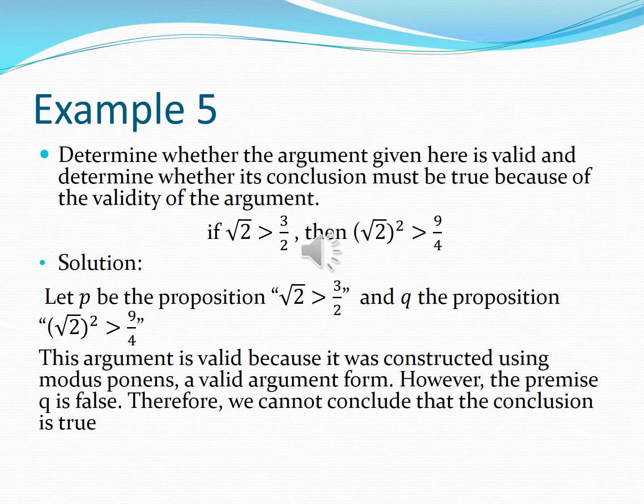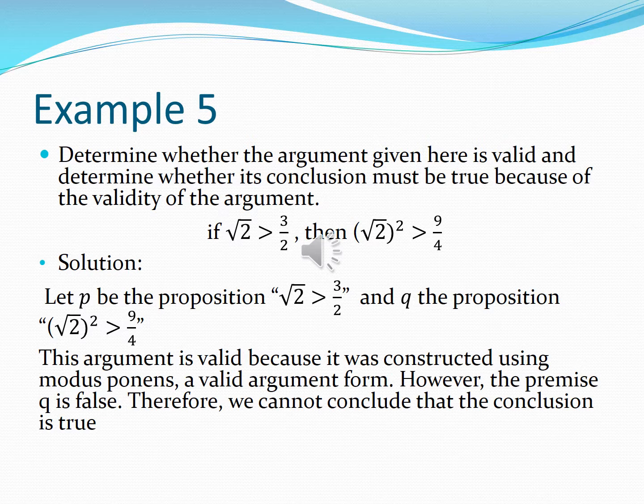Example 5. Determine whether the argument given here is valid, and determine whether its conclusion must be true because of the validity of the argument. If square root of 2 is greater than 3 over 2, then square root of 2 squared is greater than 9 over 4.